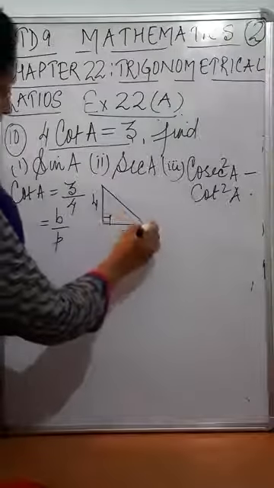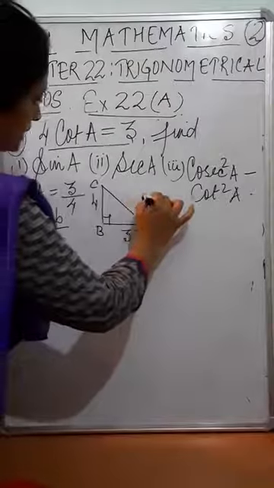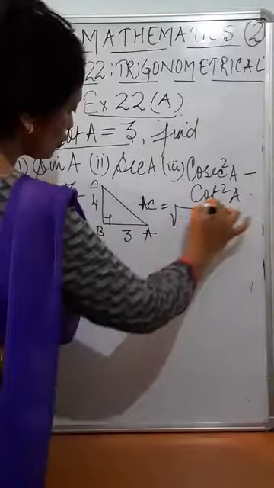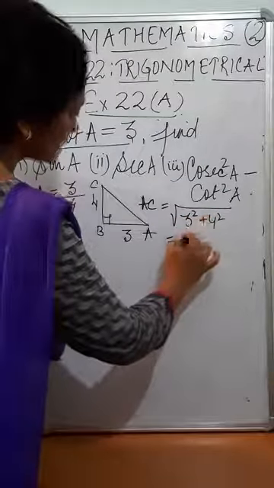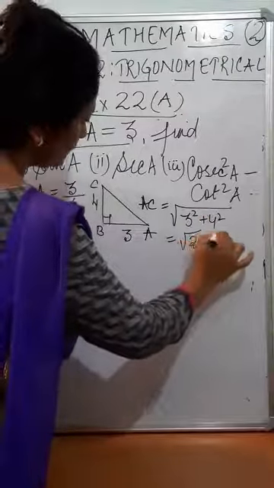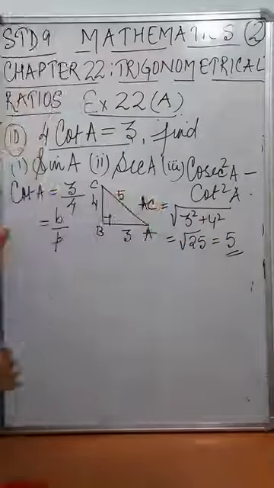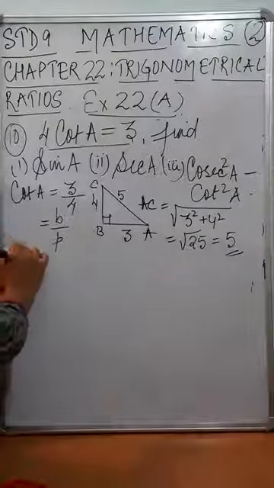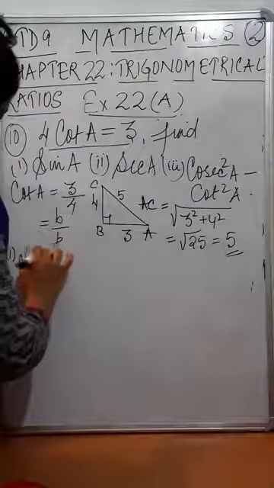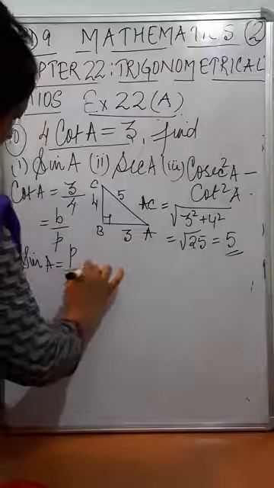Now, again applying the Pythagoras theorem, if I take this as B and this as C, then AC will be equal to square root of 3 square plus 4 square, and this is 9 plus 16, this is root 25, which is equal to 5. Therefore, this is 5. We have got all the three sides. So now let us find out the first one. Sine A is perpendicular by hypotenuse, right?